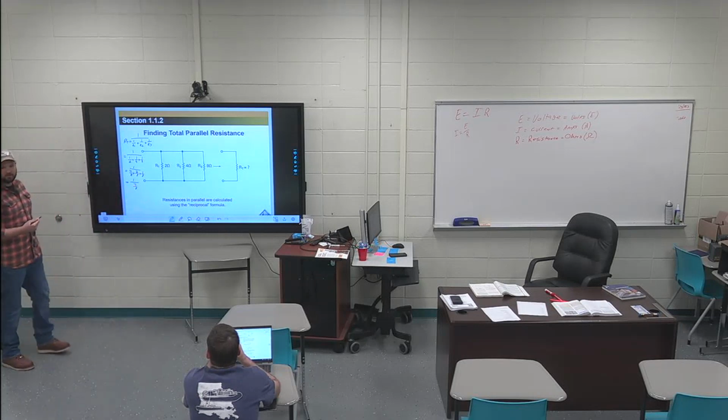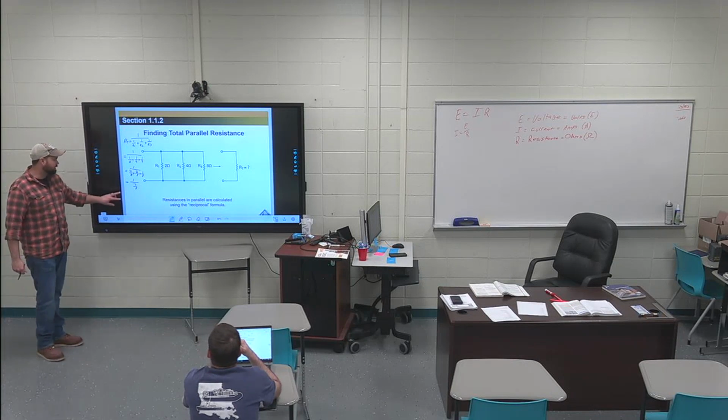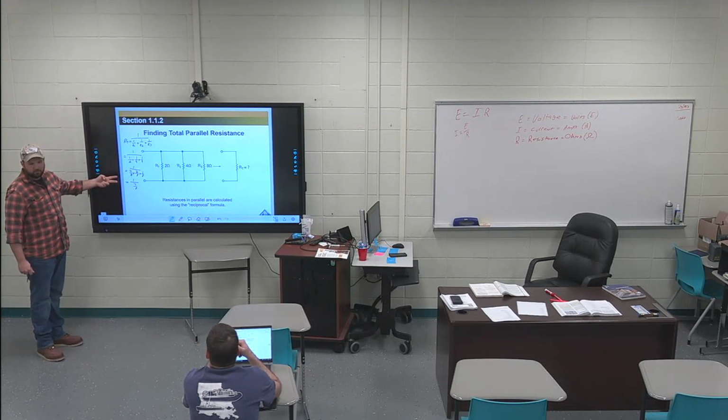You can either put that in your calculator, or there is a reciprocal law that you can use to get the answer. The reciprocal law just states that if you have a fraction in the denominator of a fraction, you can flip it and get rid of the 1 over.